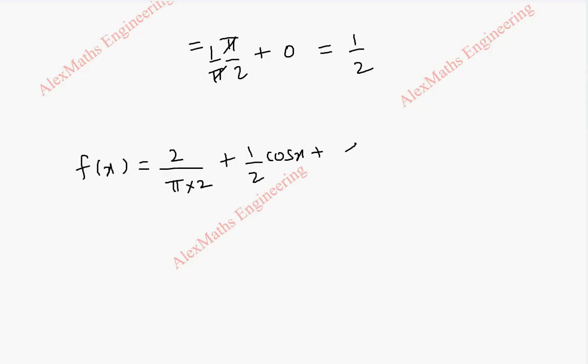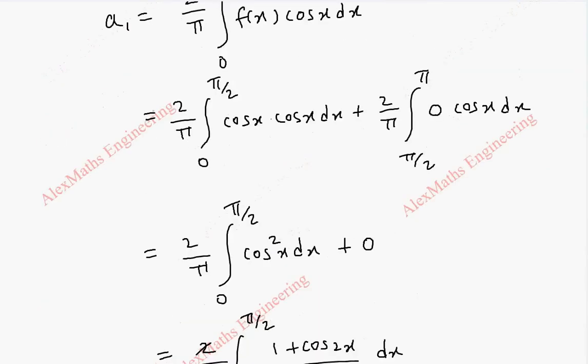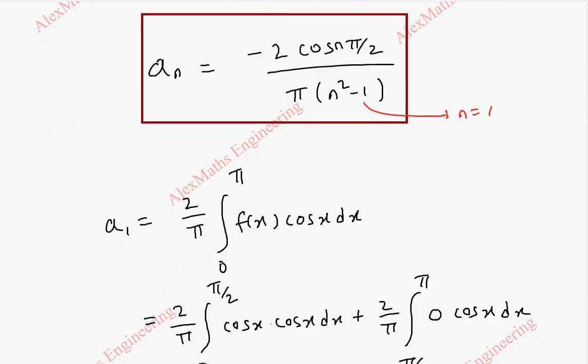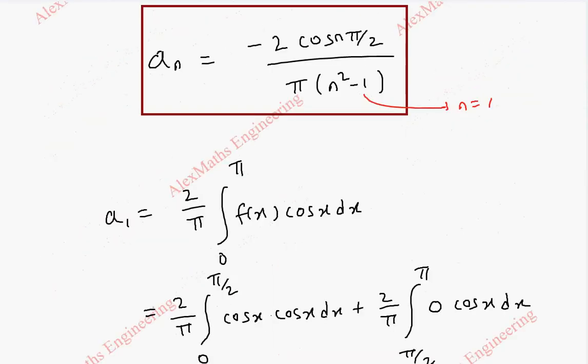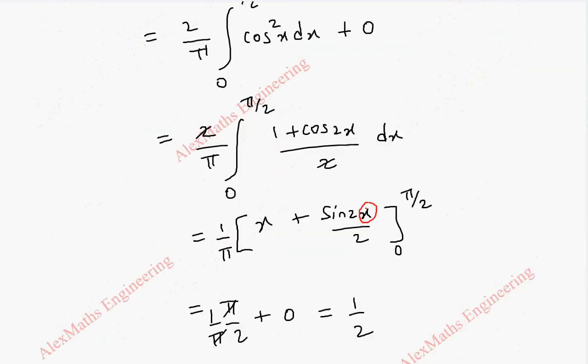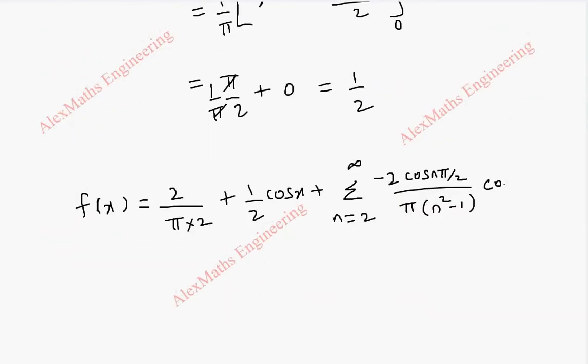Then our summation starts from 2 onwards till infinity. And an, what is an here? Minus 2 into cos n pi by 2 by pi into n square minus 1. So pi into n square minus 1 into cos nx.